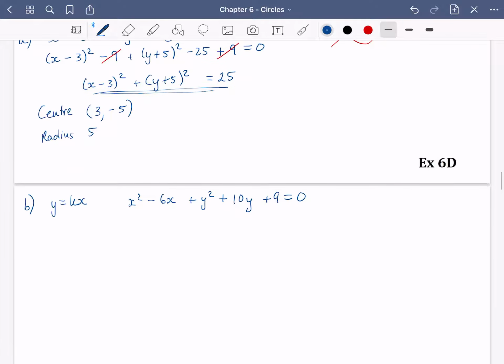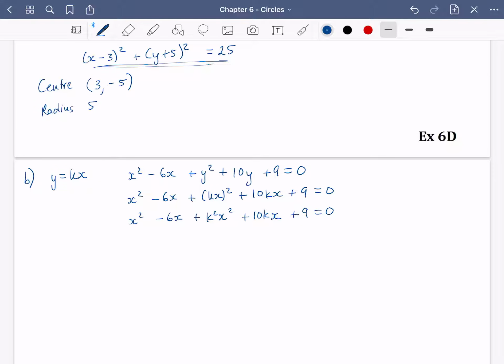I think it's going to be easier to substitute in here. So that's x squared minus 6x plus y squared, which is kx squared, plus 10y, which is 10kx, plus 9 equals 0. So that's x squared minus 6x plus k squared x squared plus 10kx plus 9 equals 0.